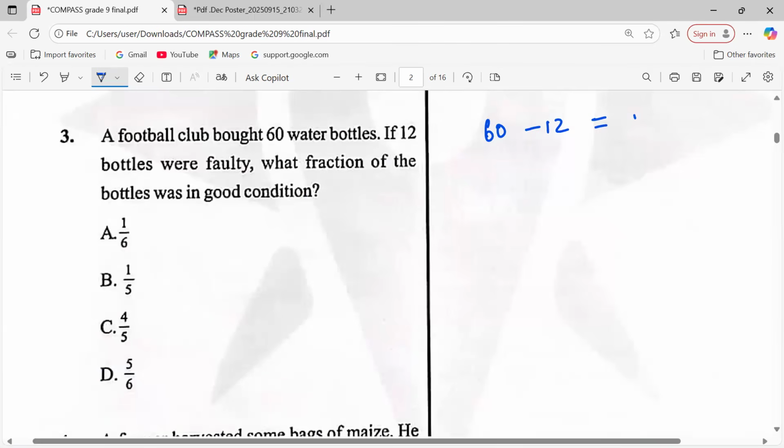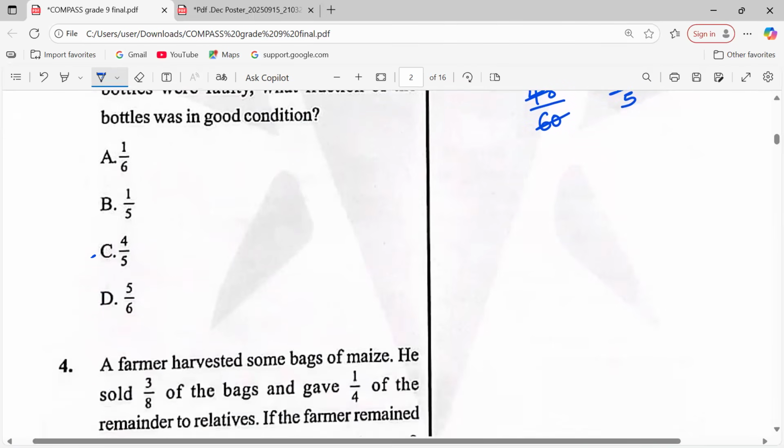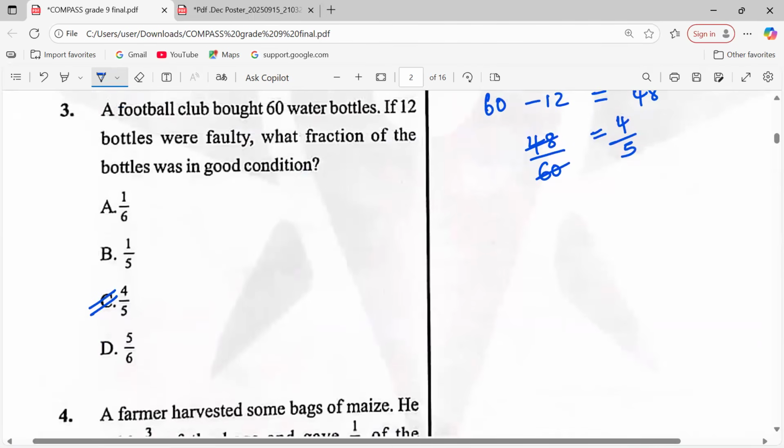This gives us 48 bottles out of the total. Which fraction is this? 48 over 60. This simplifies to 4 out of 5, because dividing by 12, we get 4 and 5. So 4 over 5 is the most simplified fraction of what was in good condition.